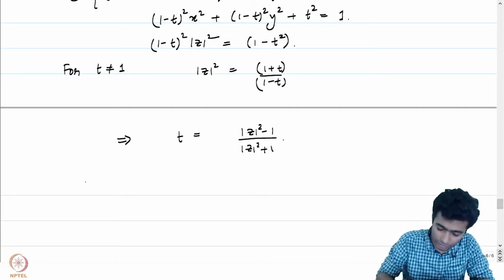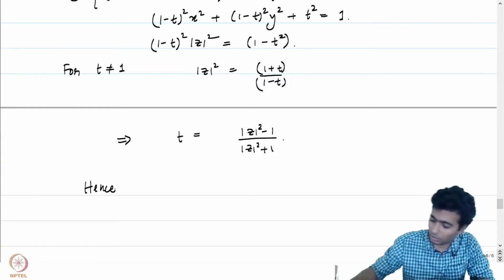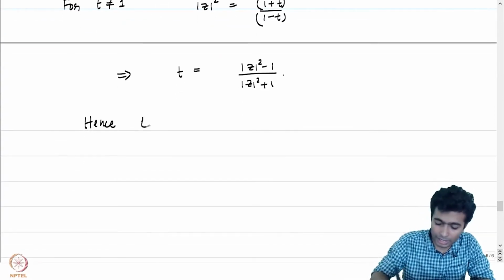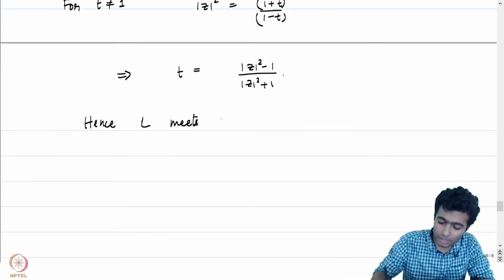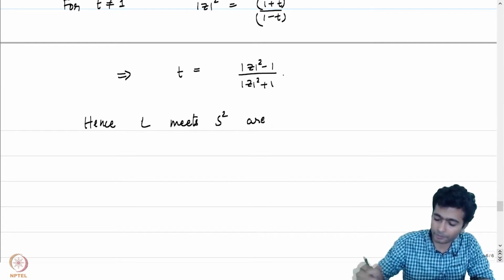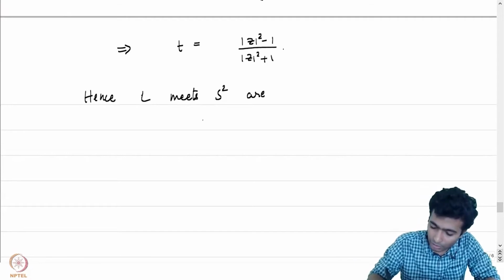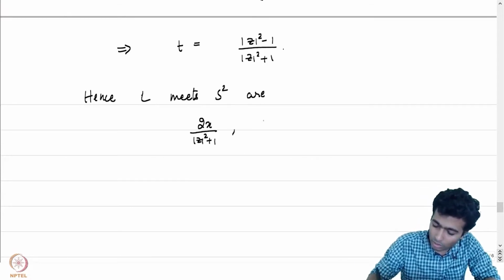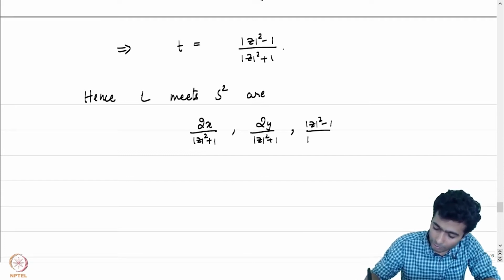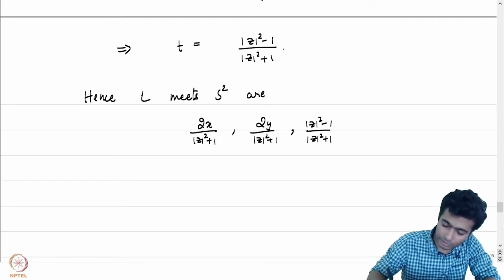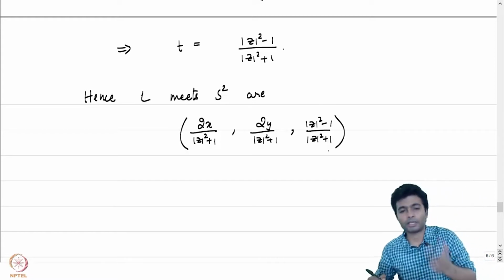Hence L meets S2 at 2 times x by (mod z square plus 1), 2 times y by (mod z square plus 1), and (mod z square minus 1) by (mod z square plus 1). So this is precisely the point where it touches the unit sphere.